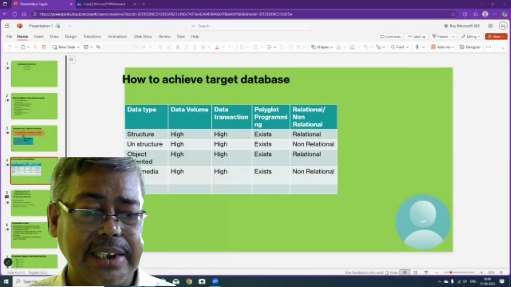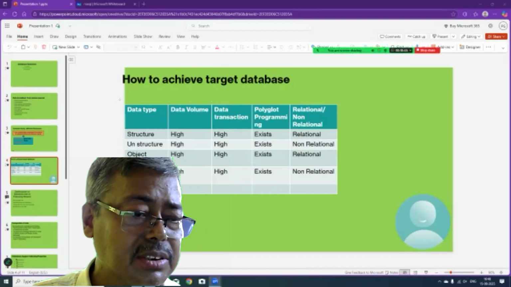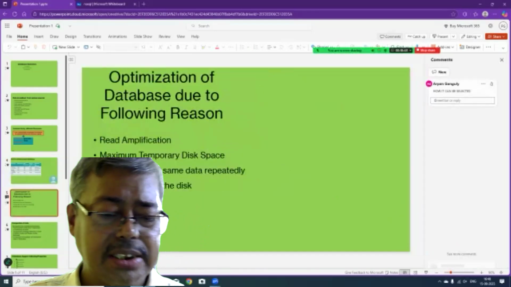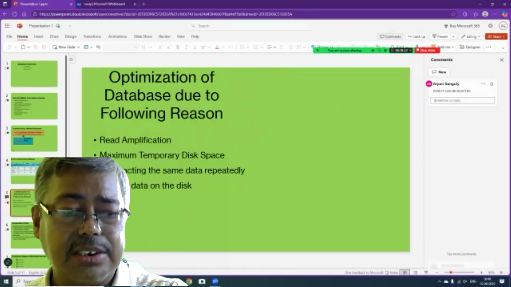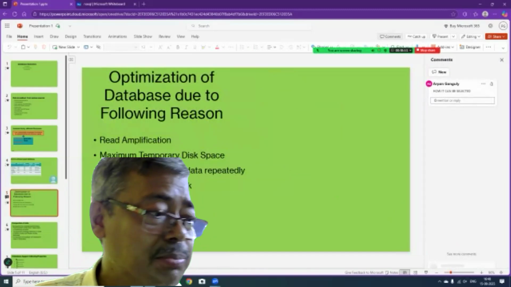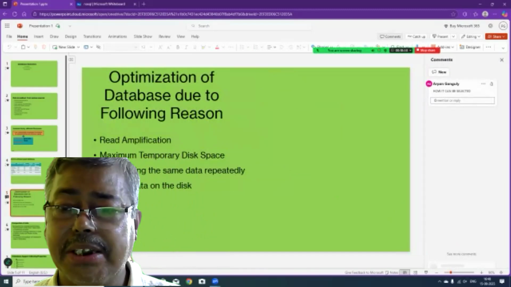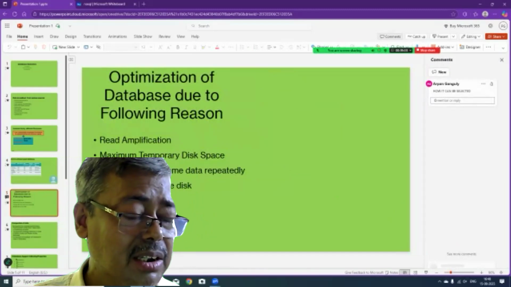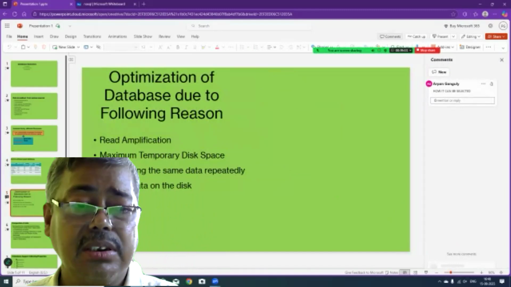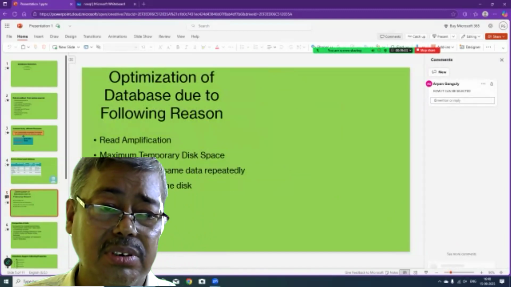A database that supports BASE is a non-relational database. So databases are mainly two types: relational, and non-relational or NoSQL. Another type is FoundationDB, which supports both NoSQL as well as RDBMS data types at a time.